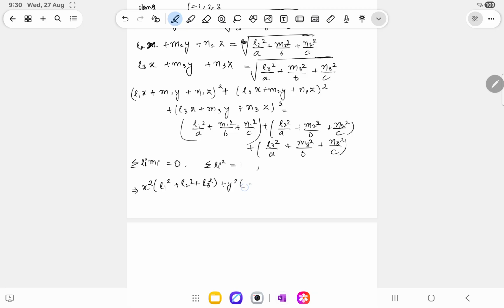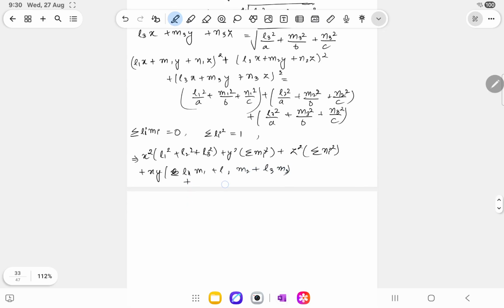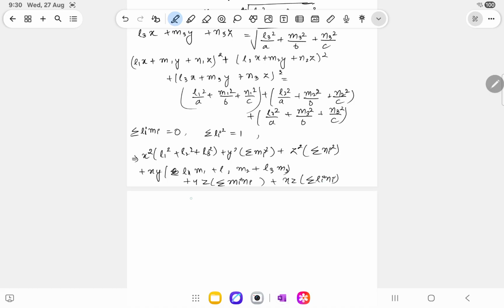Likewise, y square into summation mi square and z square into summation ni square, plus the coefficient of xy will be summation l1 m1 plus l2 m2 plus l3 m3, the coefficient of yz will be summation mi ni, and likewise the coefficient of xz will be summation li ni, which must be equal to 1 by a into l1 square plus l2 square plus l3 square, plus 1 by b into summation mi square, plus 1 by c into summation ni square.